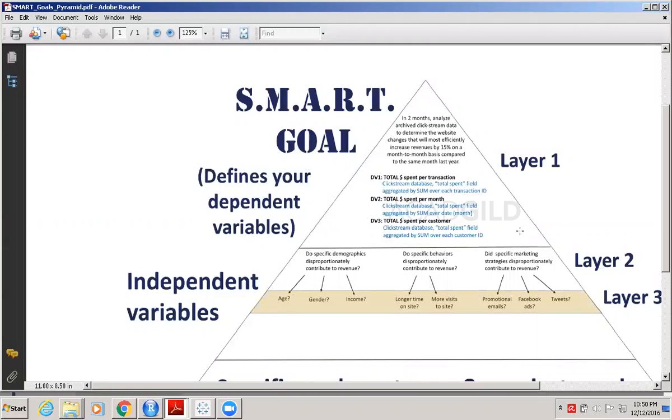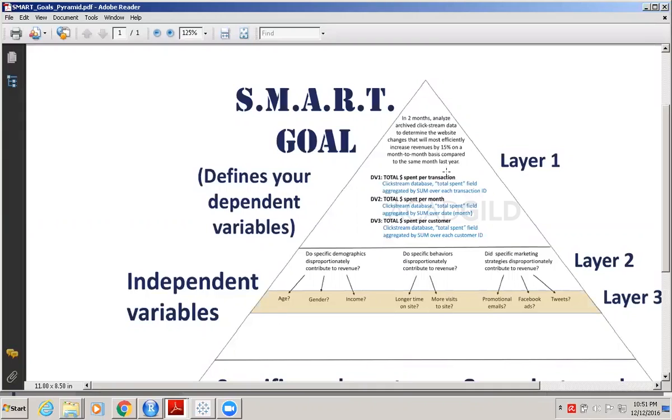So are you guys able to understand this? Yes, Knuth. Yeah. So at the highest level, whatever is the problem statement, or if it is not a problem statement, my goal is to see how I can use the website information, the click information captured on the website, to increase my revenue by 15%.